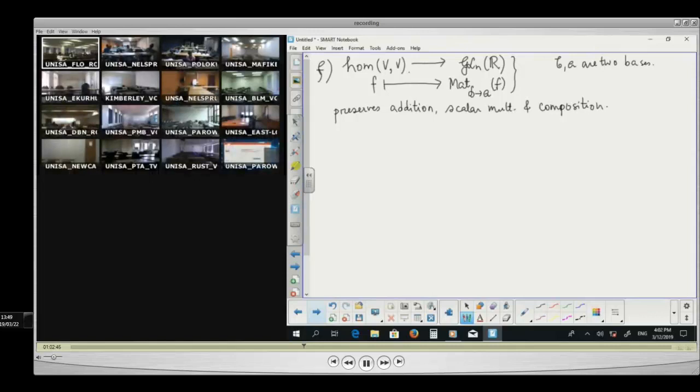A times (B plus C) is AB plus AC, and the same, (B plus C) times A is BA plus CA. It distributes from both sides. The only difference is, with numbers, the multiplication is commutative. With matrices, it is not commutative.